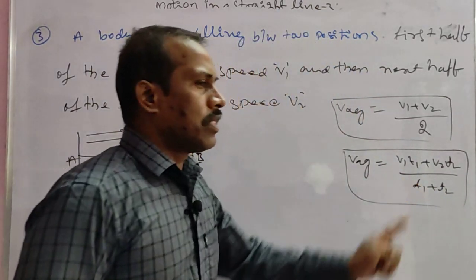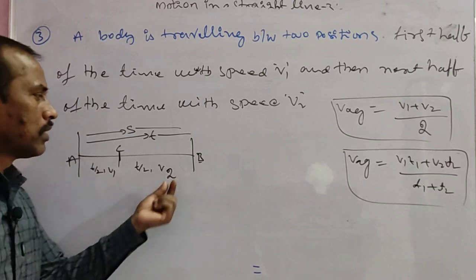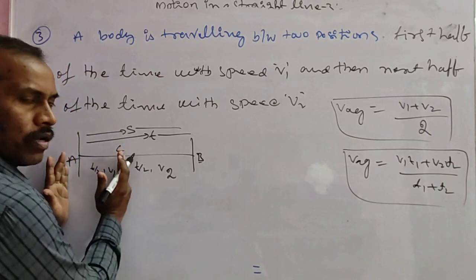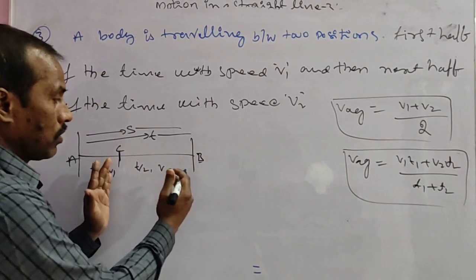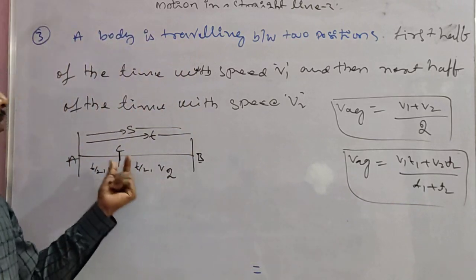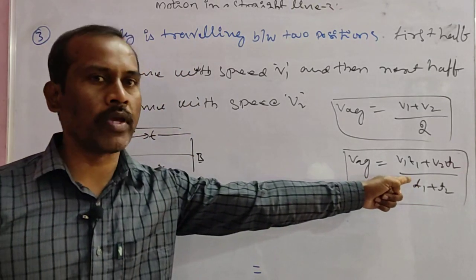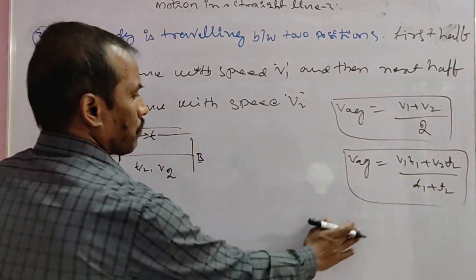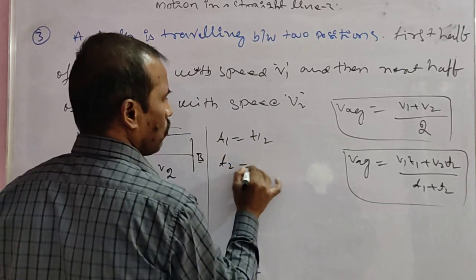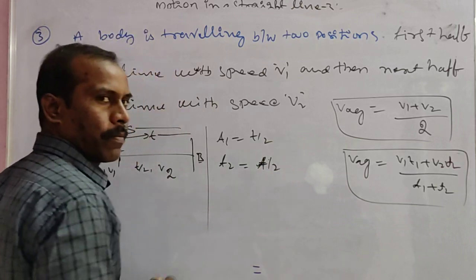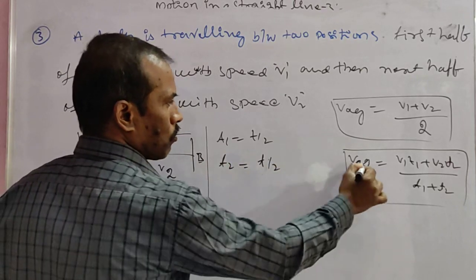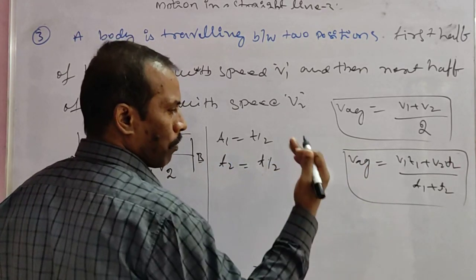Here t1 is the first half of the time, t/2, and t2 is the second half of the time, t/2. The first half speed is v1 and the second half speed is v2. Substituting these two values, t1 = t/2 and t2 = t/2, we get the equation.